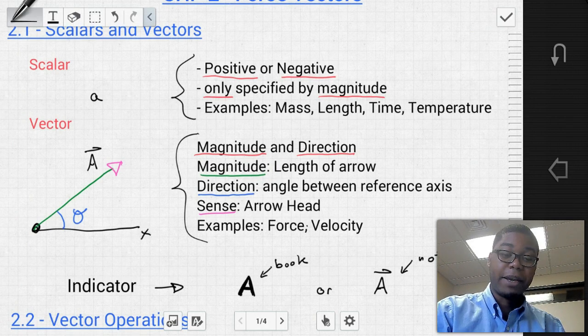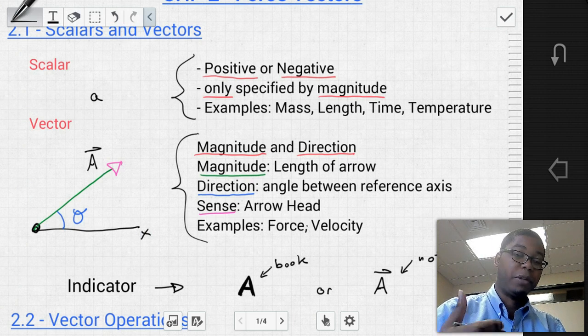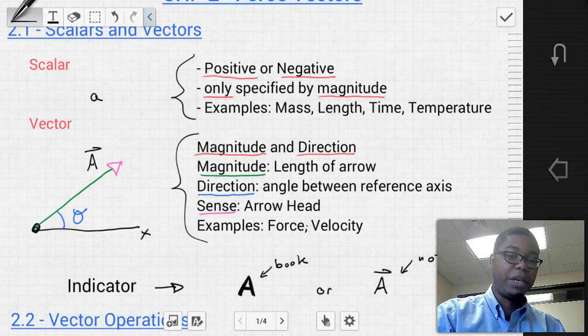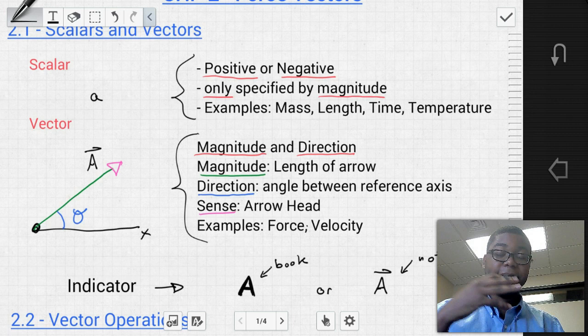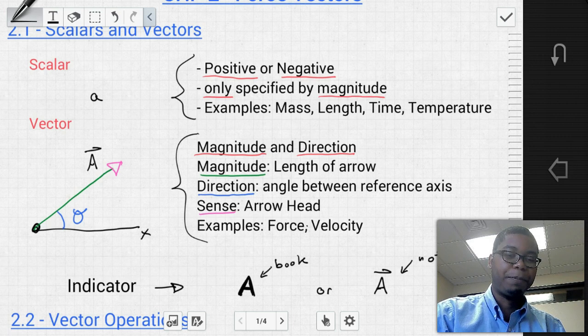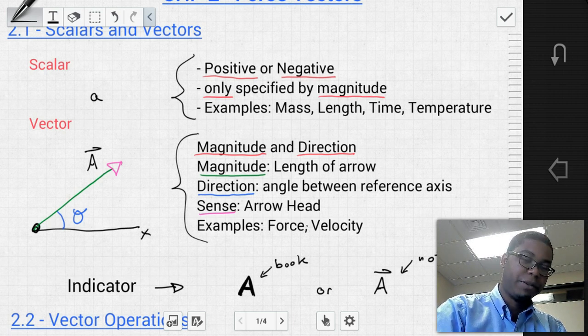Let's call this axis x, and the angle that the vector makes in relation to axis x is described as the direction. In addition, there is something called sense, which is the sense of direction in which the vector is applied, and that is usually denoted by an arrowhead at the end of the vector.